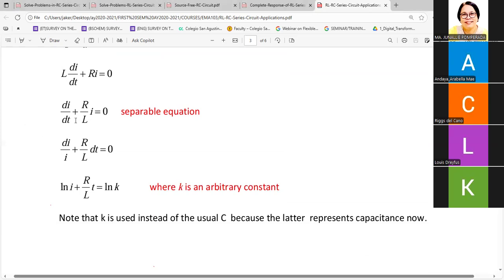And if you notice, this is a separable differential equation.